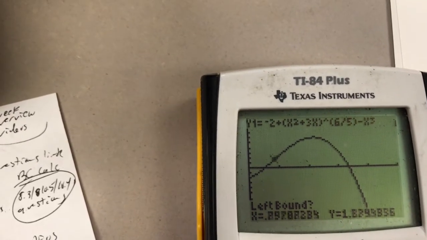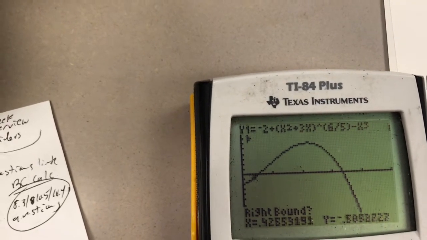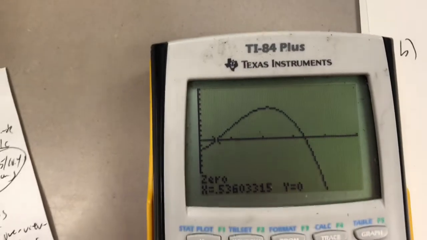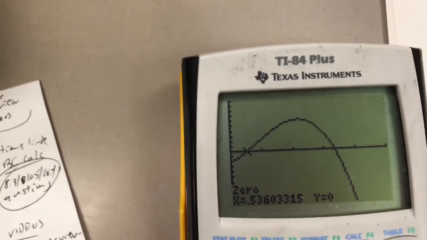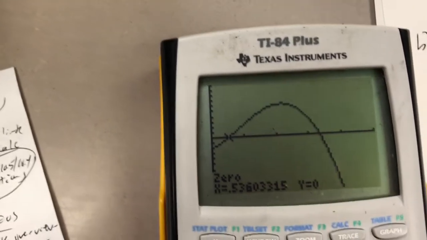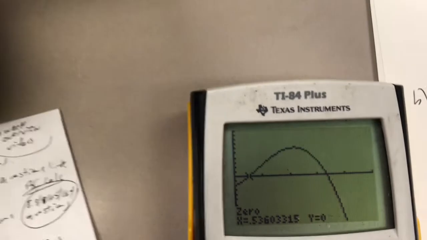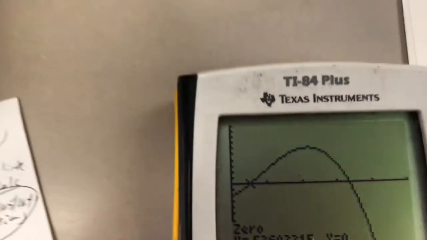So I pick a left bound, pick a value to the right where it crosses 0, hit enter on the guess, and looks like it's giving us about 0.536. And the key here is, again, that the velocity changes from negative to positive at that point, okay?